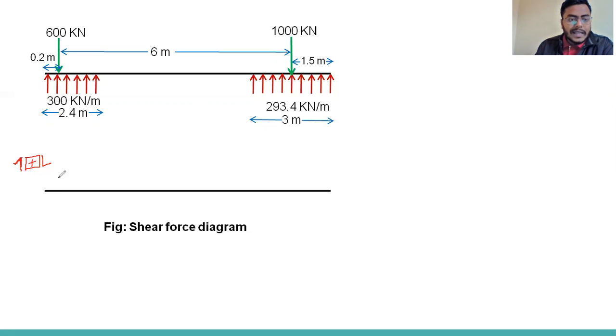If you calculate from the right side, the forces in upward direction will be positive, and forces in downward direction will be negative. Shear force at a point means, from either the left side or the right side, the total resultant force perpendicular to this plane. Okay, so we can calculate now.